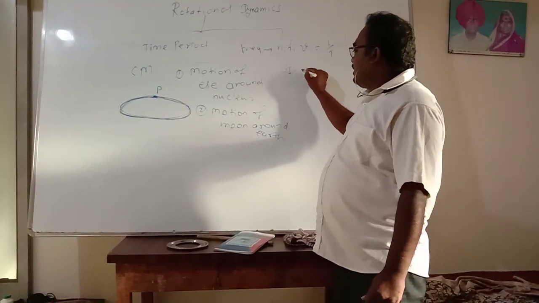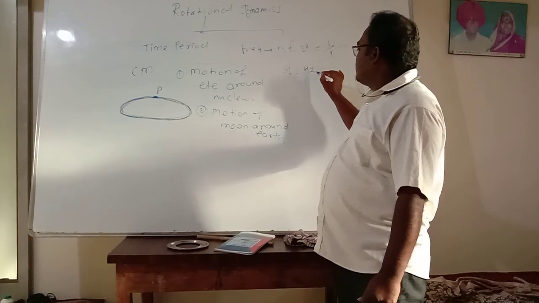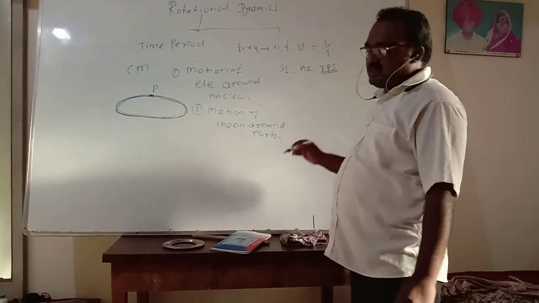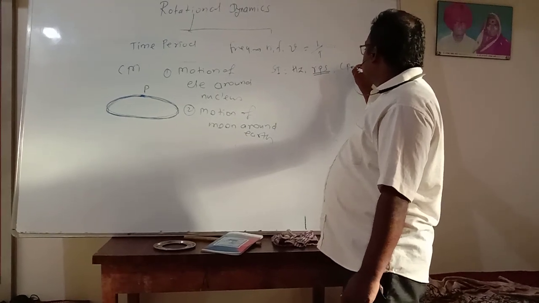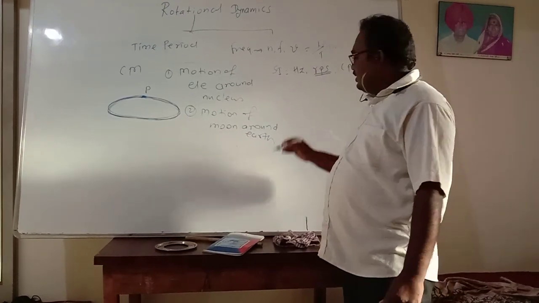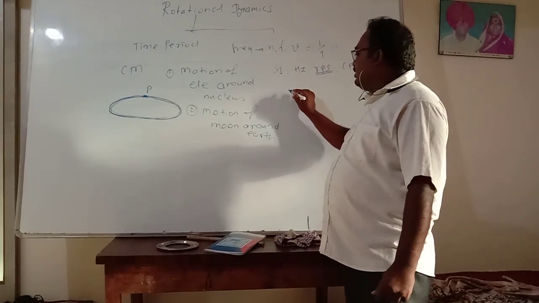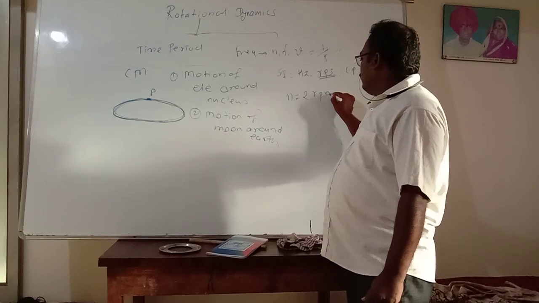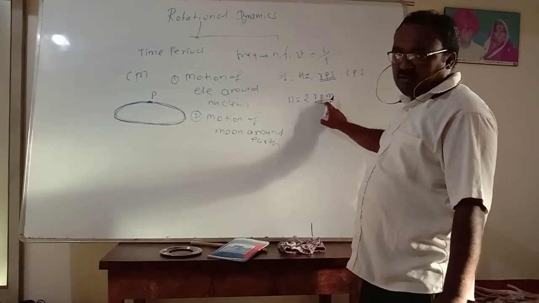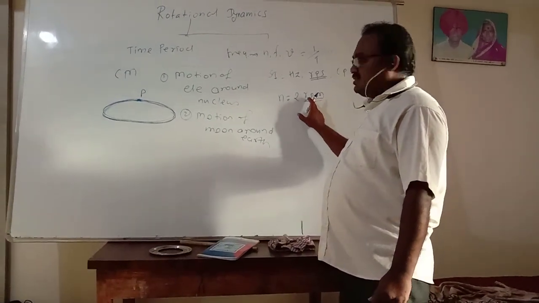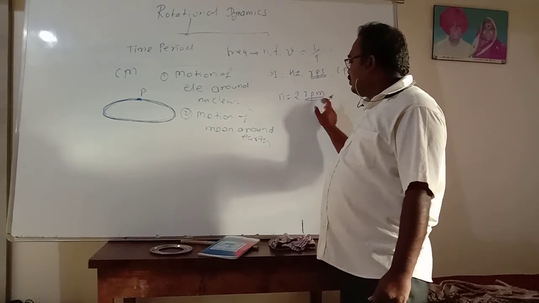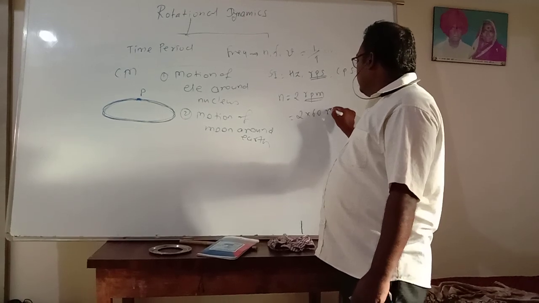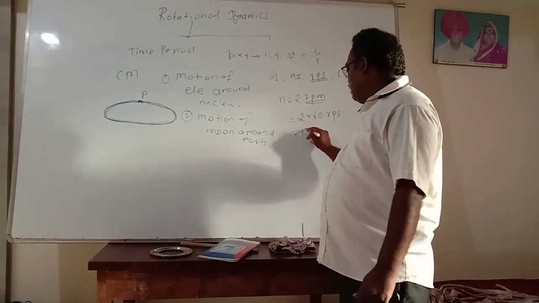Its SI unit, there are a number of units. One is the hertz, second RPS, revolutions per second, then CPS, circles per second. When in a problem the frequency is given, suppose 2 RPM, revolutions per minute, in order to convert from RPM to RPS, you have to multiply it by 60, so that it will give you 120 RPS.